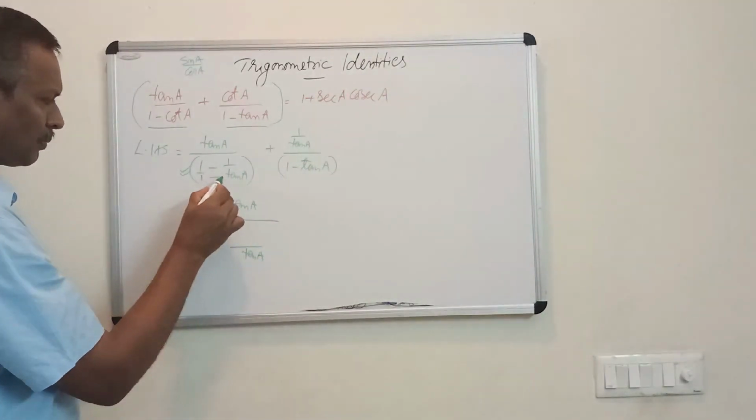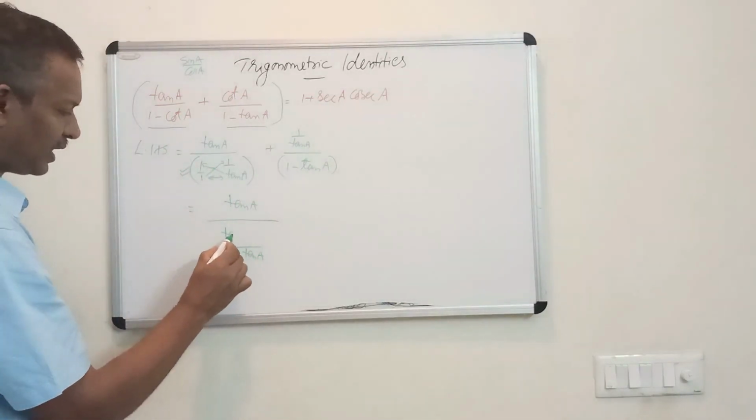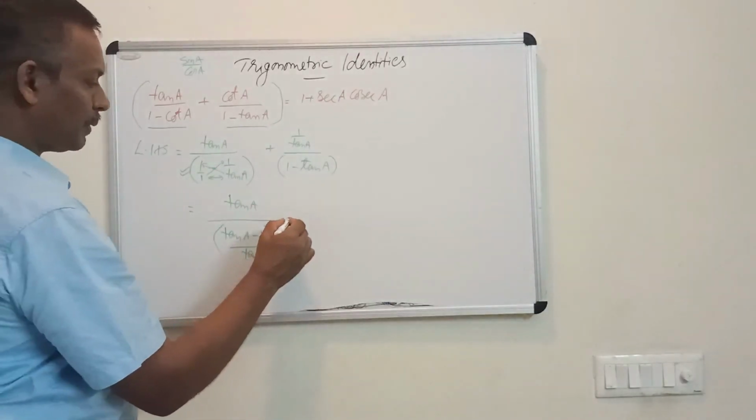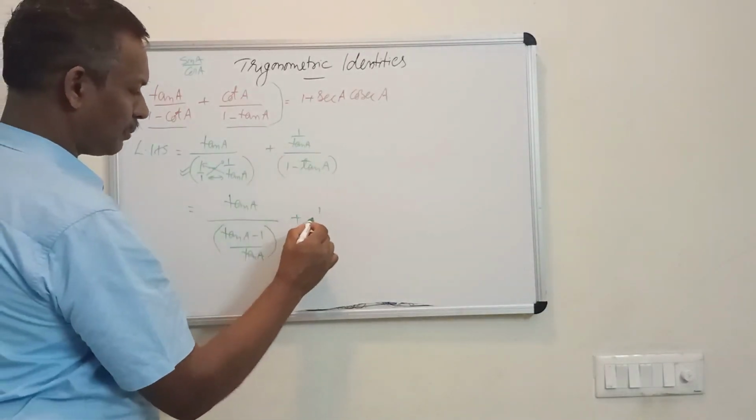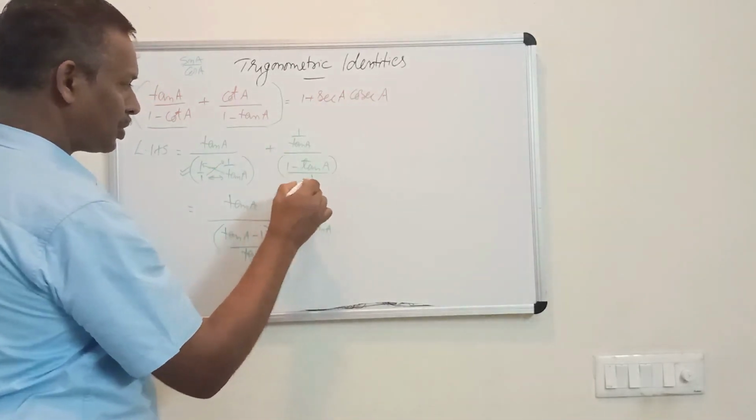Here you can apply the cross multiplication method. You get tan A minus 1. Plus here you can write 1 by tan A, and here its denominator is 1.